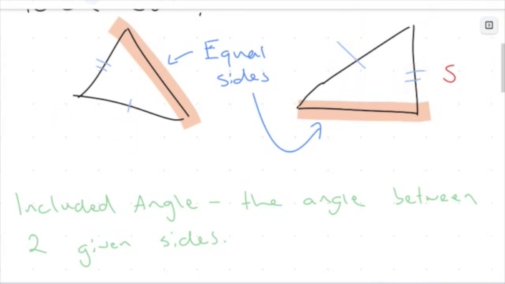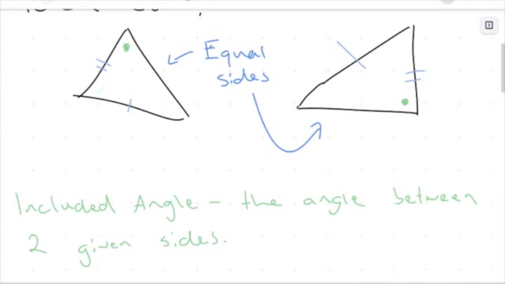Instead, we picked another angle. We picked, I don't know, this one here and this one here. Why wouldn't this be enough? Why did it have to be the one here and here?